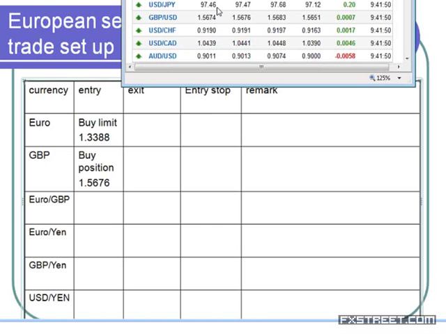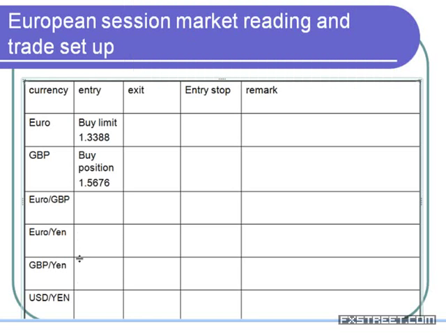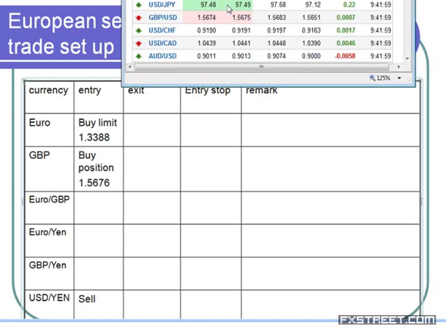Then in the case of USDN, they just breached the low and made an upward move and came to 97.46. So we'll try to take a small sell position. Otherwise you can avoid it, because it is better to do buy and sell trades in all currencies. Sell and buy, we have to be very careful.